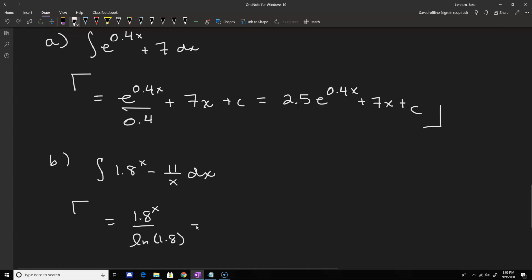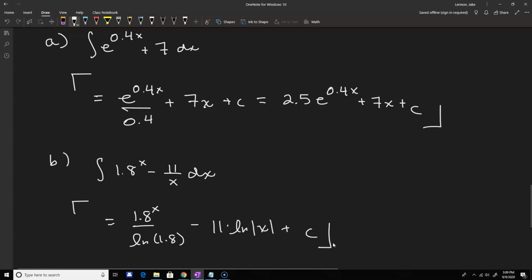And then the second part, remember 11 over x is the same as 11 times 1 over x, and we can remove the constant and then just think about the antiderivative of 1 over x, which is the antiderivative rule for the logarithm that we talked about. So that's 11 times the natural log of the absolute value of x. And then we have plus a constant.